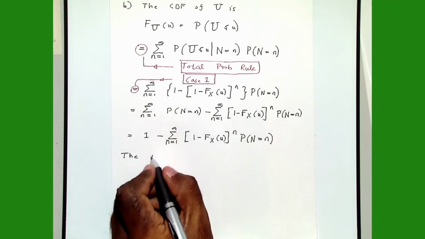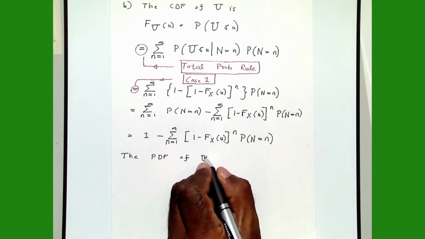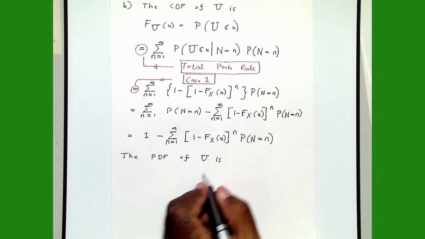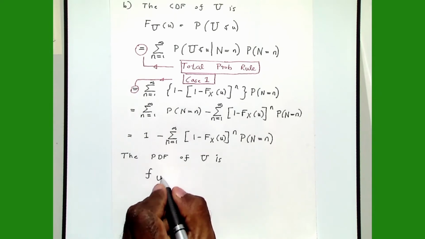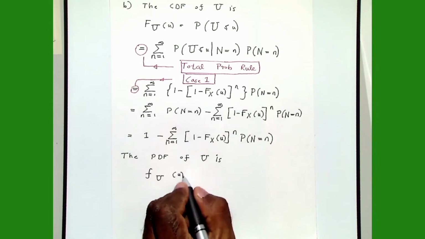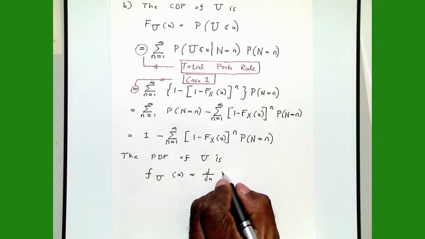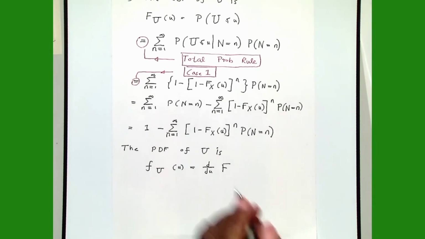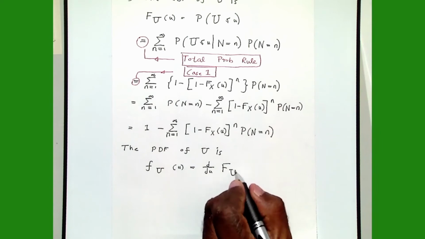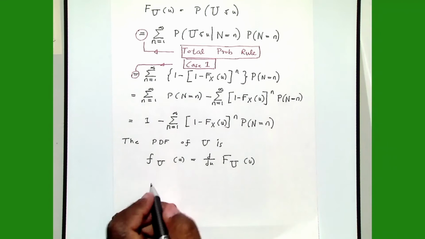The PDF, you just simply differentiate the CDF with respect to U. And if you do that, this is what you will get.